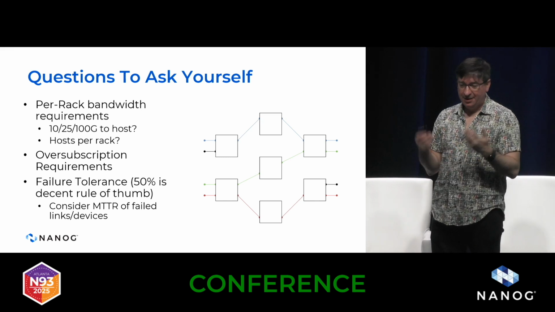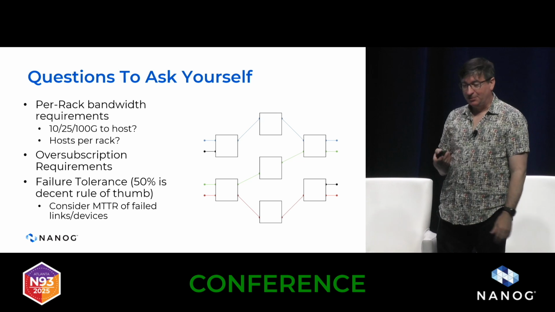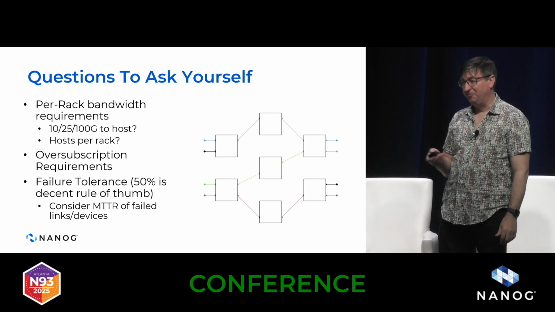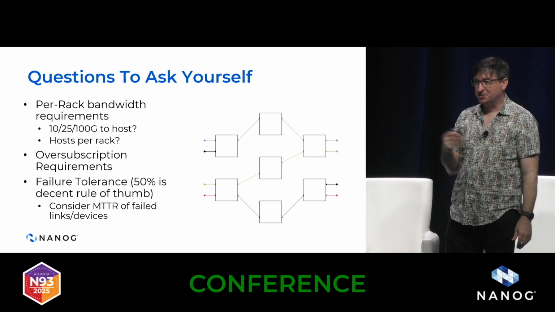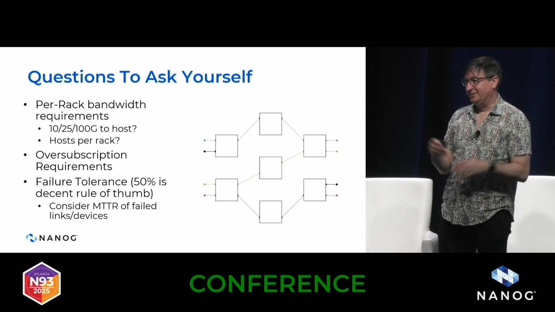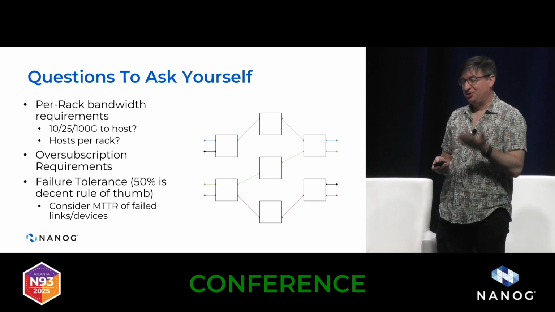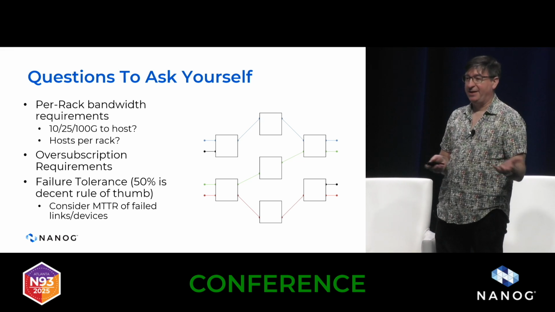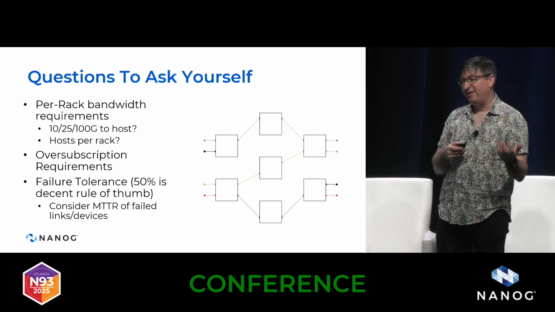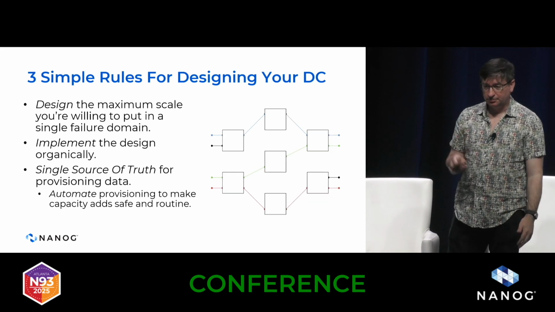That generally informs your oversubscription ratios, because if you're going to lose half your links, you have to base your largest bandwidth on that. If you're only going to lose 25%, that's a different number.